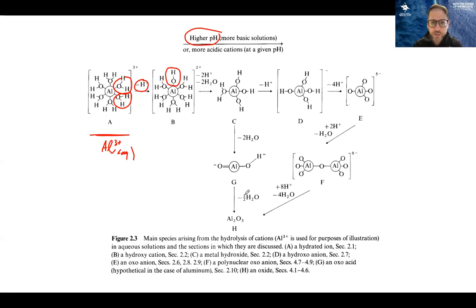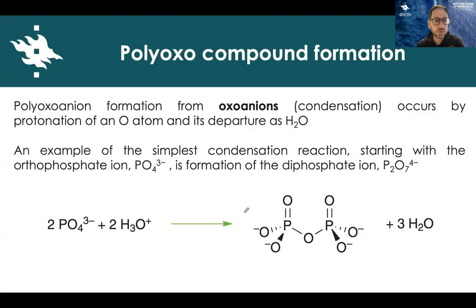So here is an example of this aluminum-oxygen-aluminum network formation until this extends to a large enough extent so that all the hydrogens are eliminated, and then we are left with the aluminum oxide. So these are some of the species formed from these transformations.